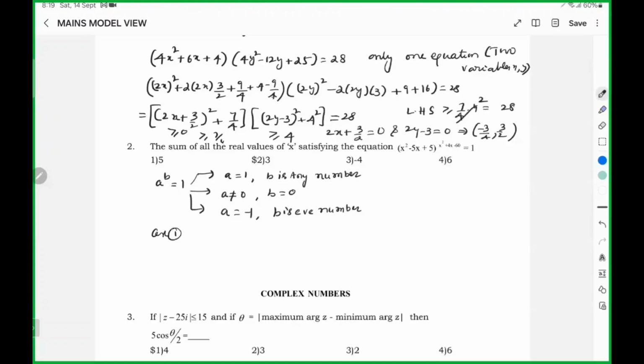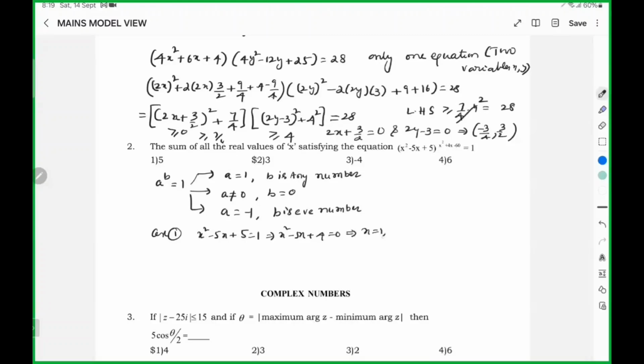Case 1, if you take x square minus 5x plus 5 is 1, that is x square minus 5x plus 4 is 0.